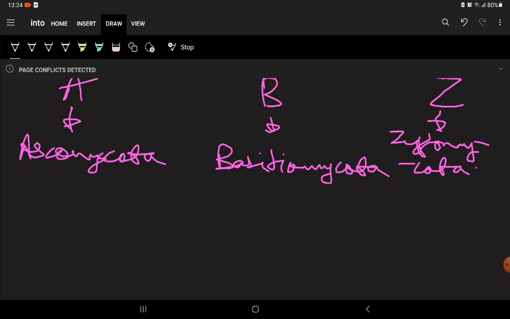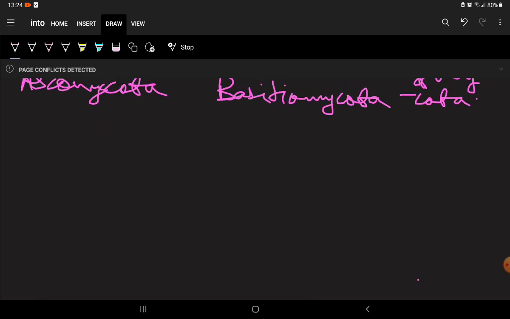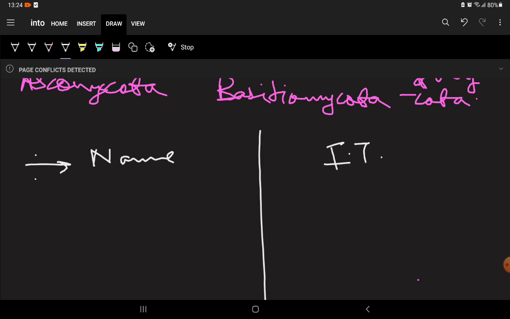Now let us discuss the incubation temperature for various groups of fungi, the groups we discussed just now. First is the name of the group of fungi, and second is the incubation temperature.